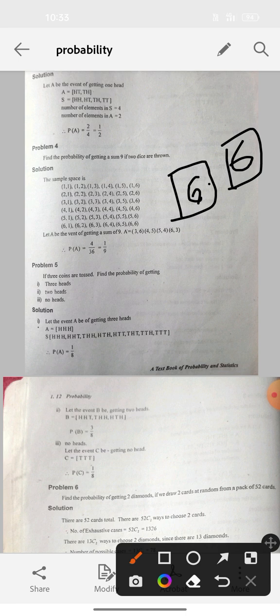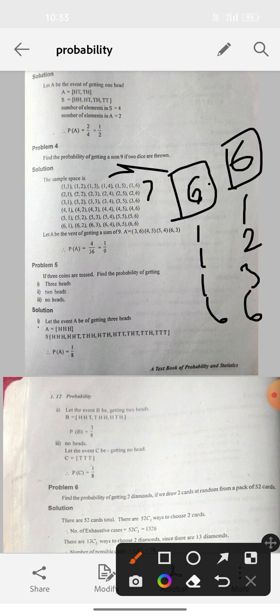So let us take the sample space, how many outcomes there are. Let's forget about the 9 first. Let's take the sample space, how many ways the two dice can land after throwing. This may get 1 and this may get 1, or this may get 1 and this may get 2, or this may get 1 and this may get 3. Likewise there are 6 until 6 and 6.